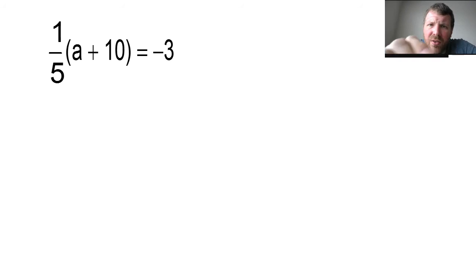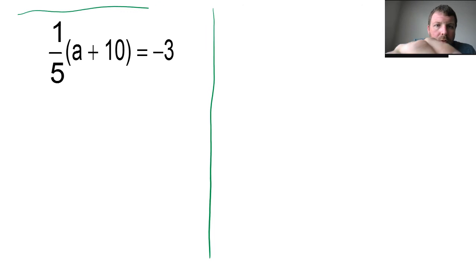The given is always the beginning part of our proof, whatever we're given, right? So if we look here, I'm given this equation. Since I'm given that equation, that's going to be my first statement in a two-column proof.